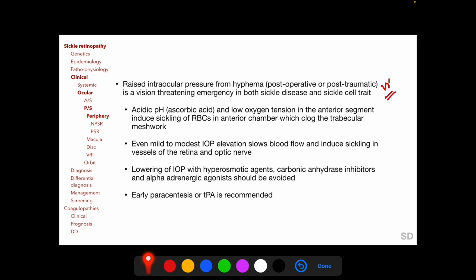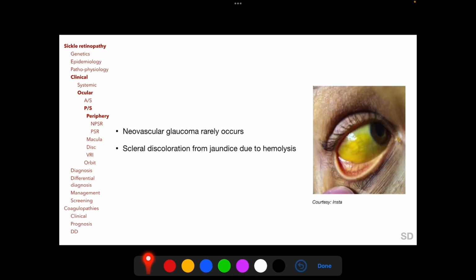And in this situation of raised intraocular pressure from hyphema in a patient with sickle cell disease, early paracentesis or tissue plasminogen activator injection is recommended. Neovascular glaucoma rarely occurs in patients with sickle cell disease, and scleral discoloration from jaundice, as seen here in this clinical photograph, can occur due to hemolysis in patients with sickle cell disease.